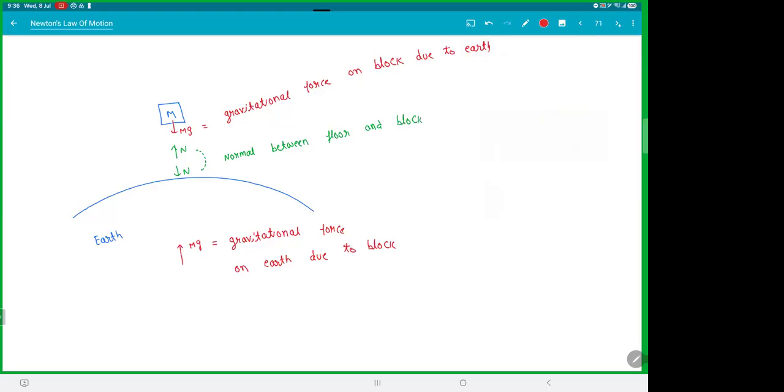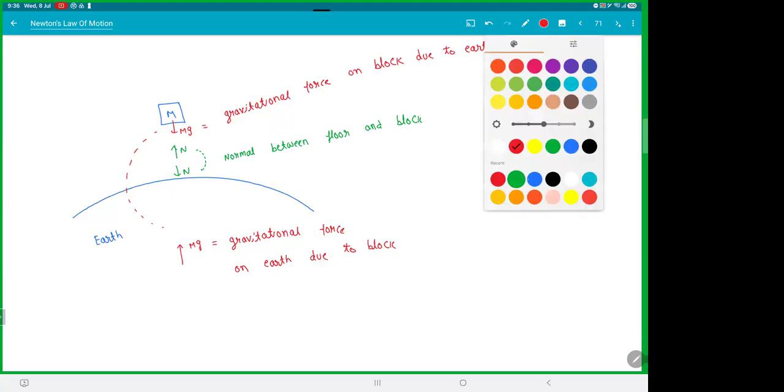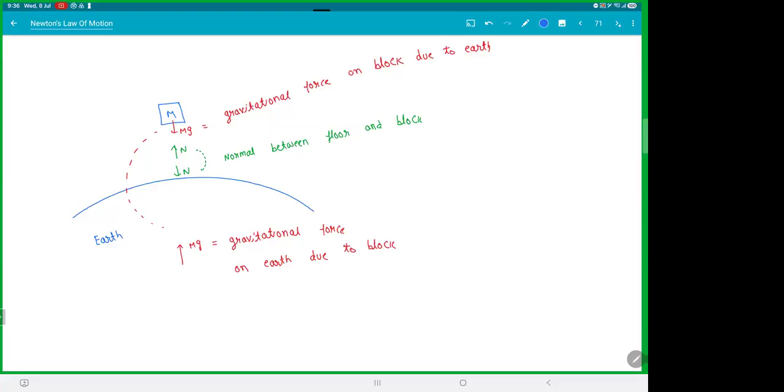And the other two are a pair. So remember, forces will always come in pairs. You will not find a single force hanging around. All clear with this? That's your Newton's first law, second law, and third law. That's a bit of theory there.